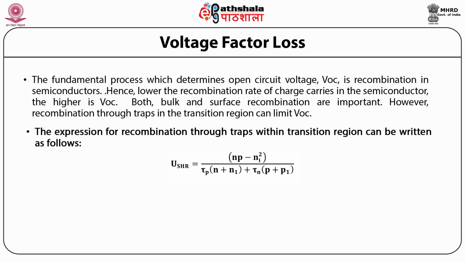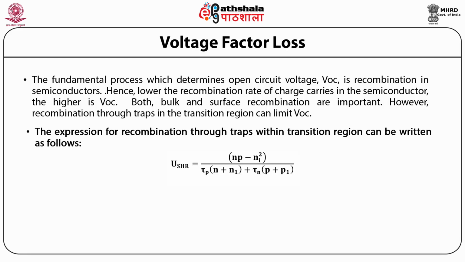This recombination rate will have its peak value when n1, p1 are small and n and p are also small. This happens for the traps near the mid gap within the transition region.